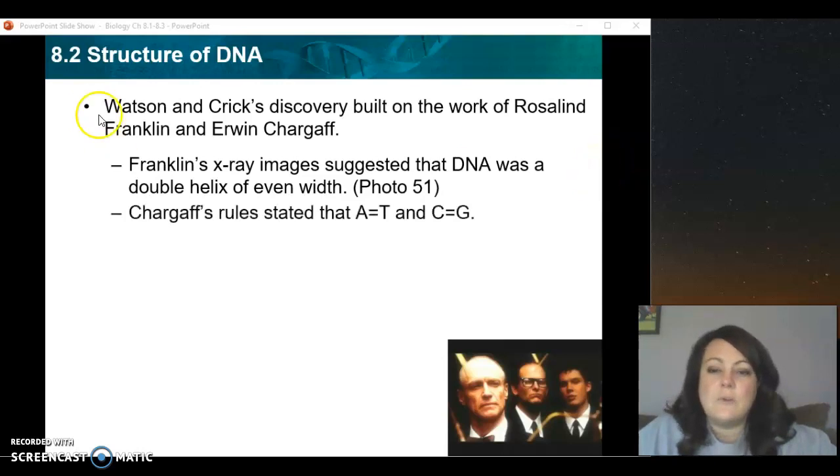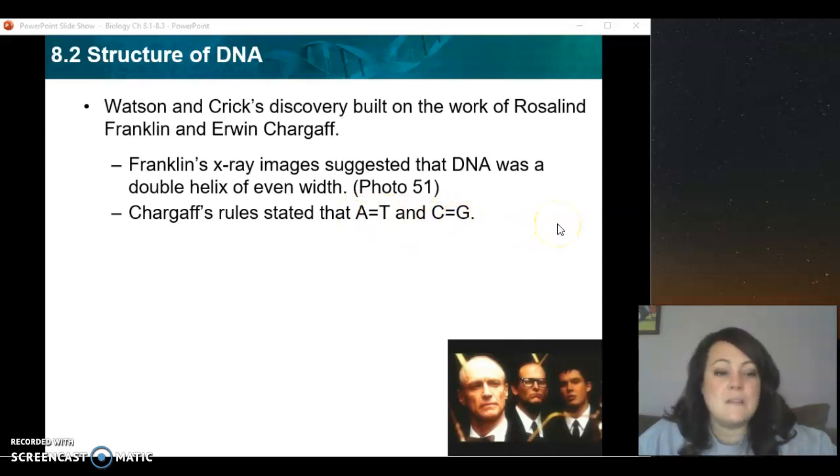Chargaff's rules, so Erwin Chargaff up here, he worked in the same lab with Watson and Crick, and he noticed, because he was a mathematician, and you know, math people, they see patterns in numbers. He noticed that the amounts of adenine and thymine were equal to that of cytosine and guanine. So they must be paired together.